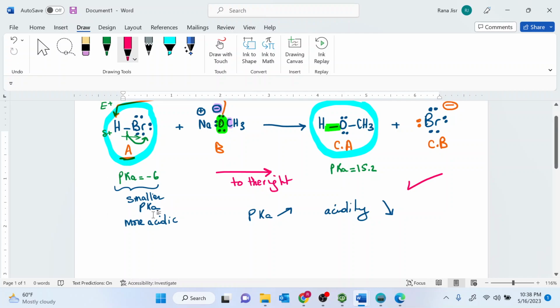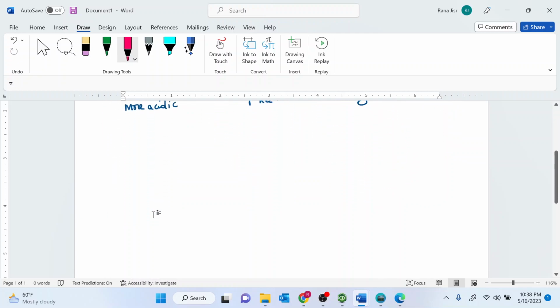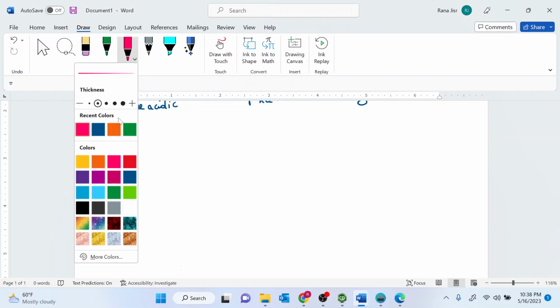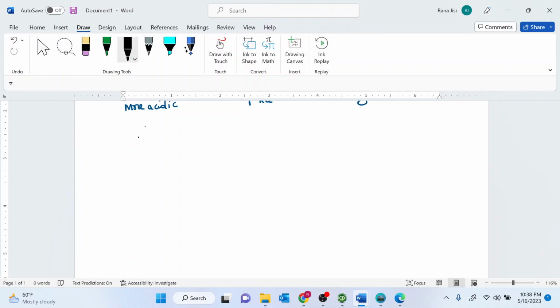Okay, let's have another example. Another example here is sulfuric acid. Always with these types of reactions, please write the Lewis structure. This is why we studied the Lewis structure.